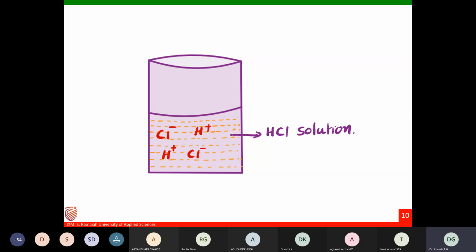Definitely, hydrochloric acid solution has conductivity because it contains a good number of H plus ions and Cl minus ions. So due to the presence of a good number of H plus and Cl minus ions, this solution will have a very high conductivity. Any doubt? No, sir. Okay.